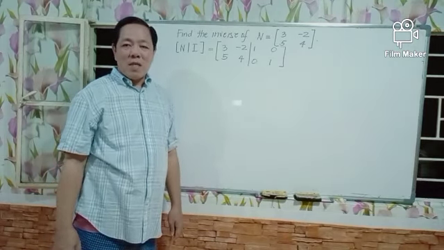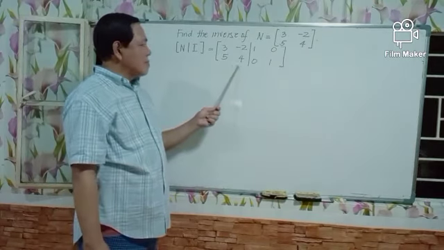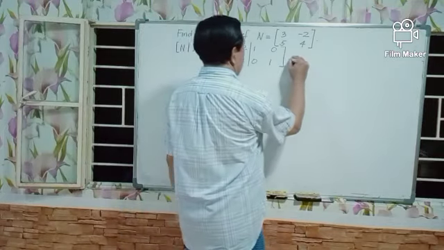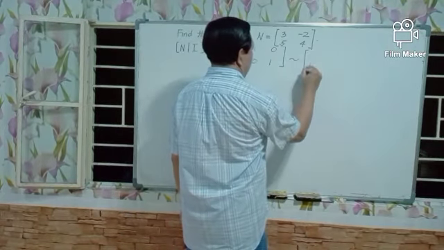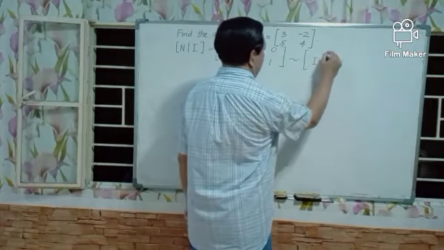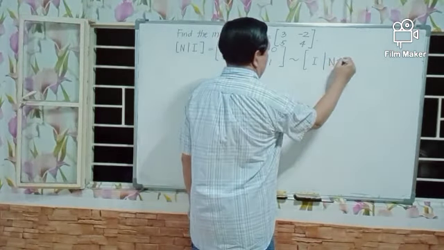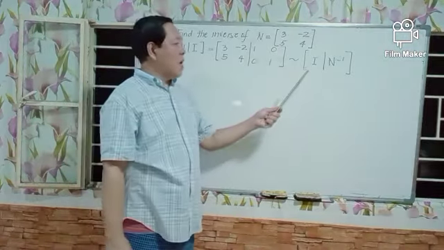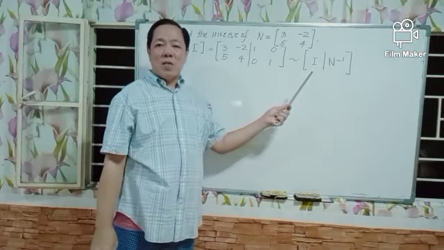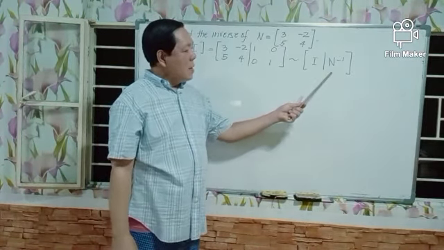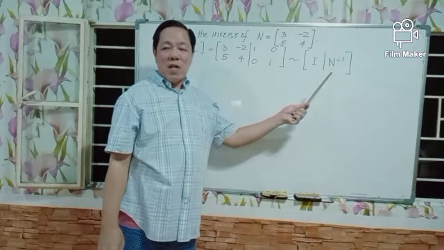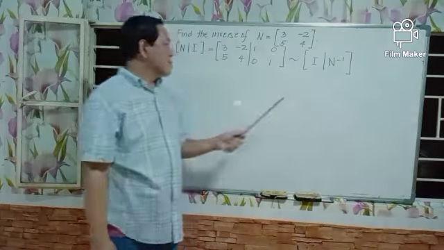And our objective is to transform this matrix into a matrix of the form I, identity matrix of size 2 by 2, and the inverse of matrix N denoted by N to the minus 1.